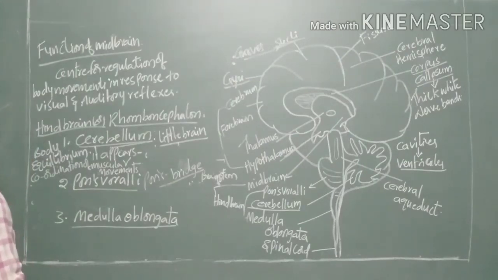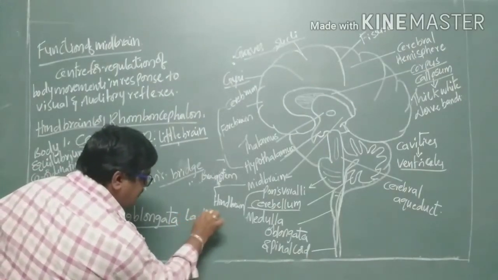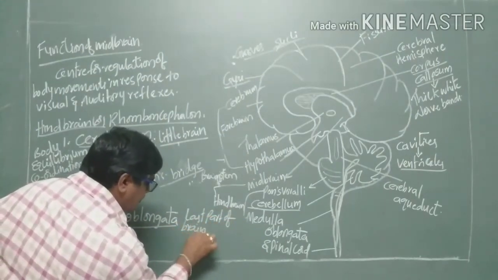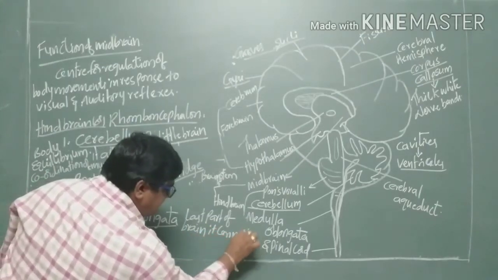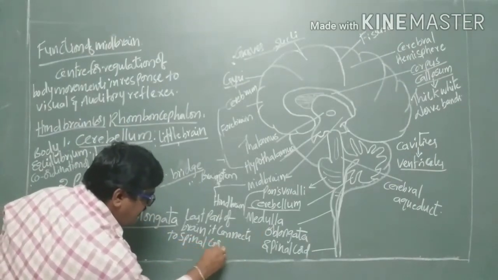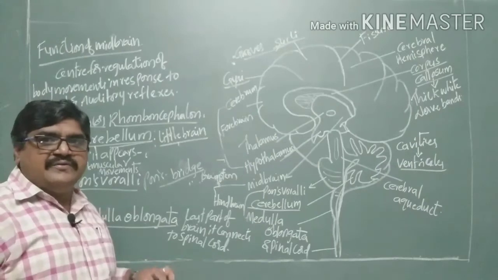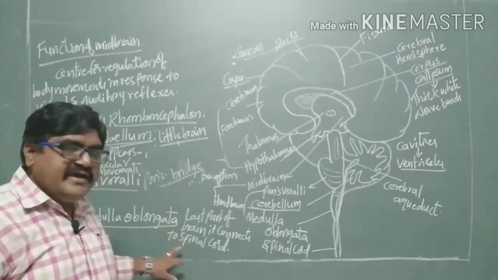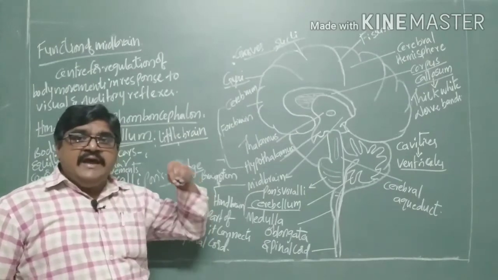It is the last part of the brain, and it is connected to the spinal cord. The medulla oblongata enters into the spinal cord.